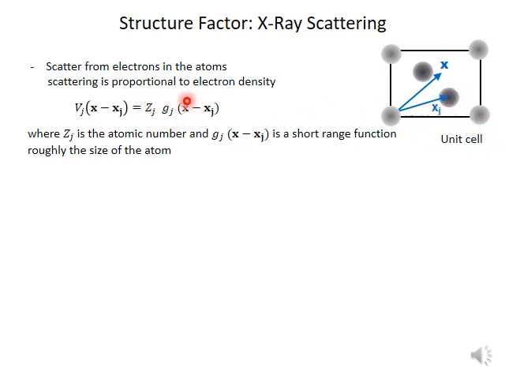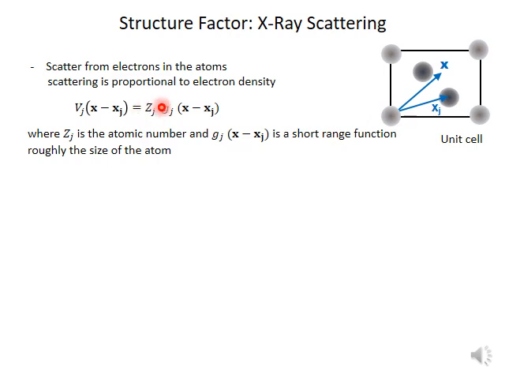So that's a density function, roughly the size of the atomic cloud itself, multiplied by the atomic number of j, where the atomic number simply gives you the total charge of the electrons in that atom.